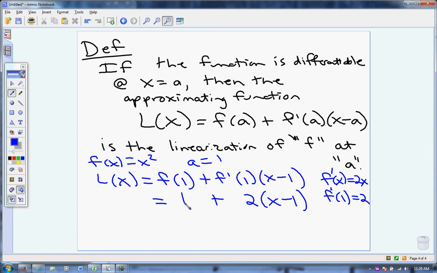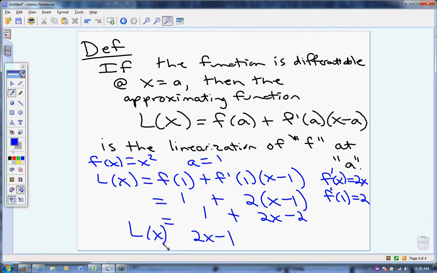And so there's my linearization, and I could clean that up. This is 2x minus 2 plus 1. So isn't it going to be 2x minus 1? Which turned out to be our tangent line. It's actually, in a way, a shortcut to the tangent line. So there is my linearization.